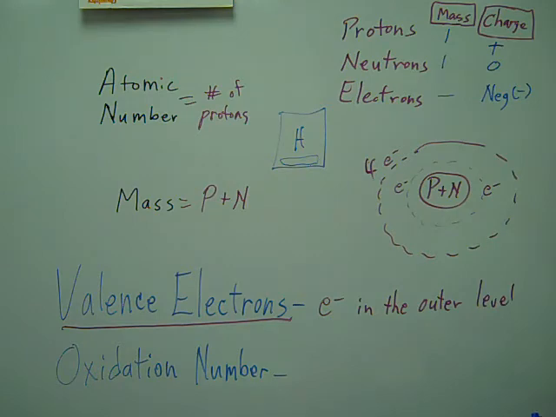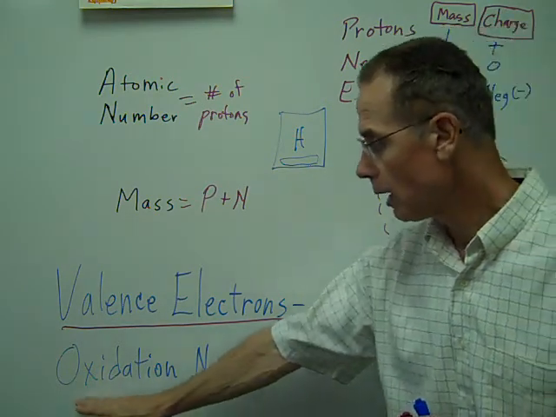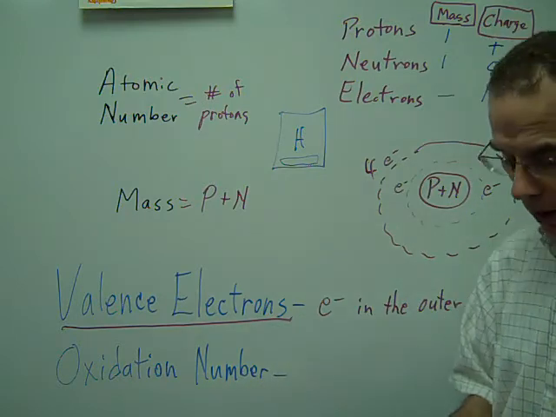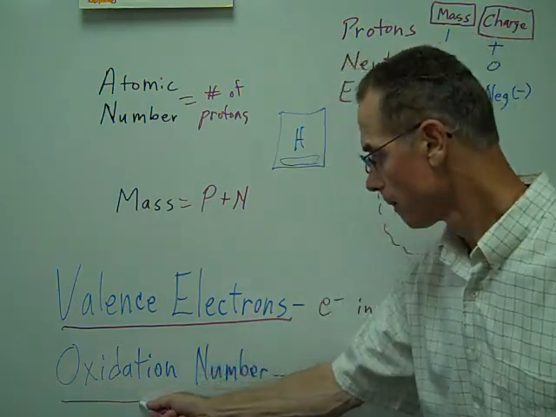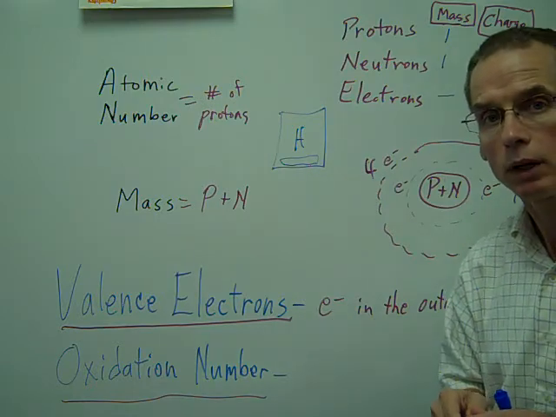Now, the other term that is very important to remember is an element's oxidation number. Oxidation number is different from a valence number. Related to it, but different.